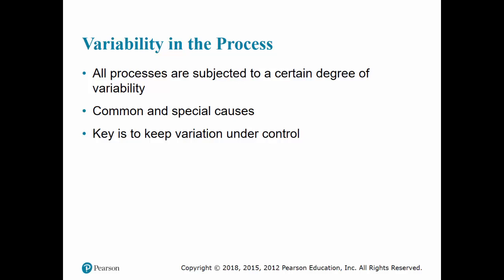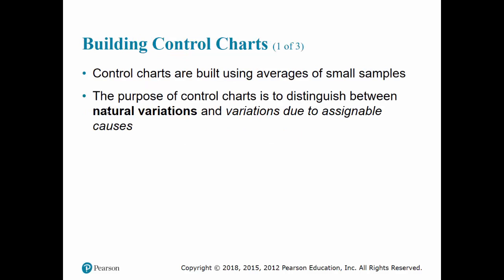In other words, are the variations natural variations that are unavoidable? We call that natural variation or common cause variation, or are there variations that are due to special circumstances that can be remedied? So our idea is to differentiate between common cause variation and special cause variation. If there is special cause variation, then we can intervene and remedy the situation. That's the idea of statistical process control.